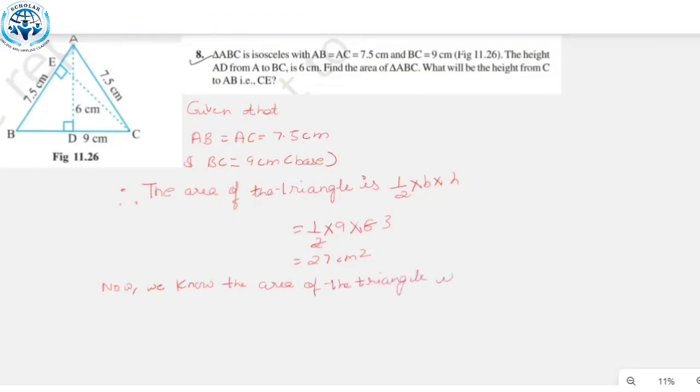We already know the area of the triangle, which is equal to 27 centimeter square. Now the base is AB, which is equal to 7.5 centimeter now.